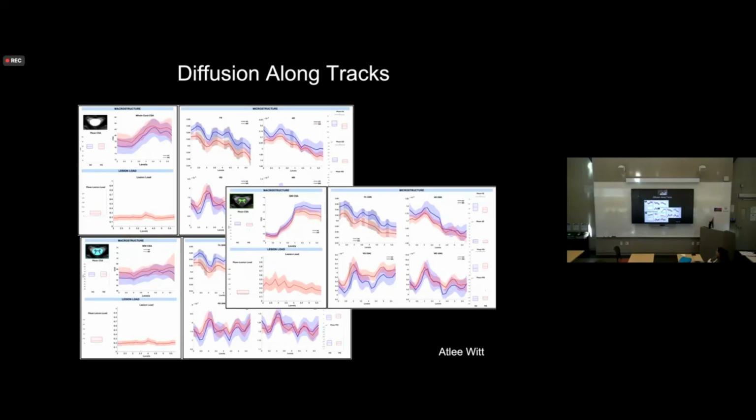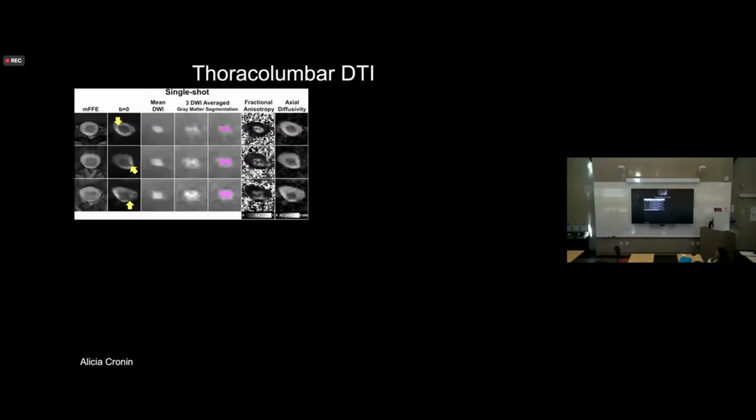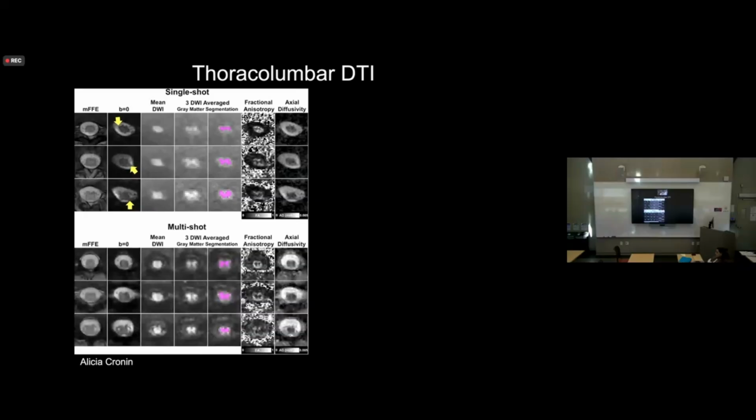Moving again south, work from Alicia Cronin in Kristen's lab is developing not necessarily a single-shot sequence. We're not taking an imaging method that works at the top and moving it down to the bottom. We're saying we have to tailor this for the anatomy of interest, and she's doing a multi-shot diffusion sequence. This is an image-navigated, or 2D navigated, multi-shot sequence.